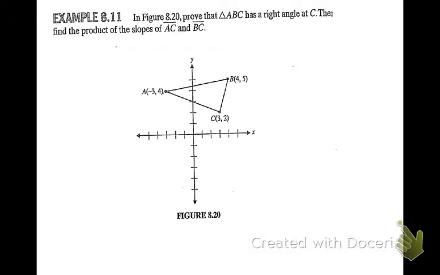We have to prove that ABC has a right angle at C. Then we're going to find the products of the slopes of AC and BC. So how could I, without using the slopes, prove that this is a right triangle? What could I do?